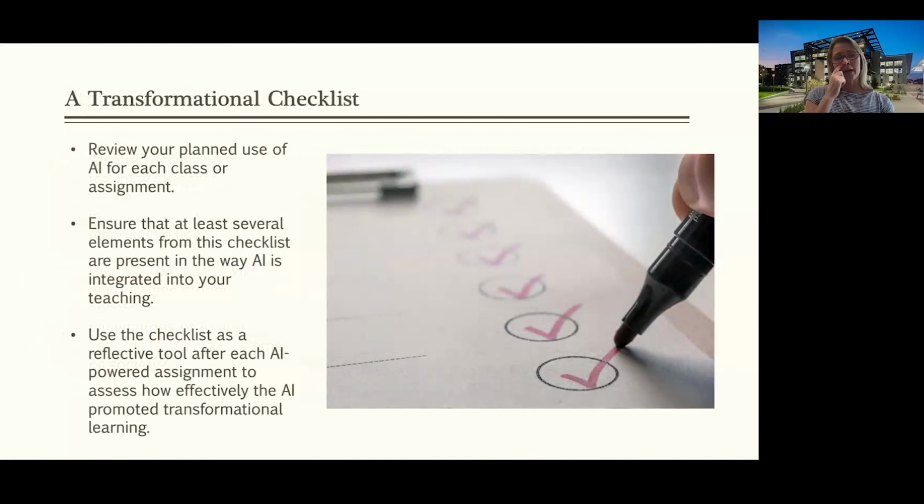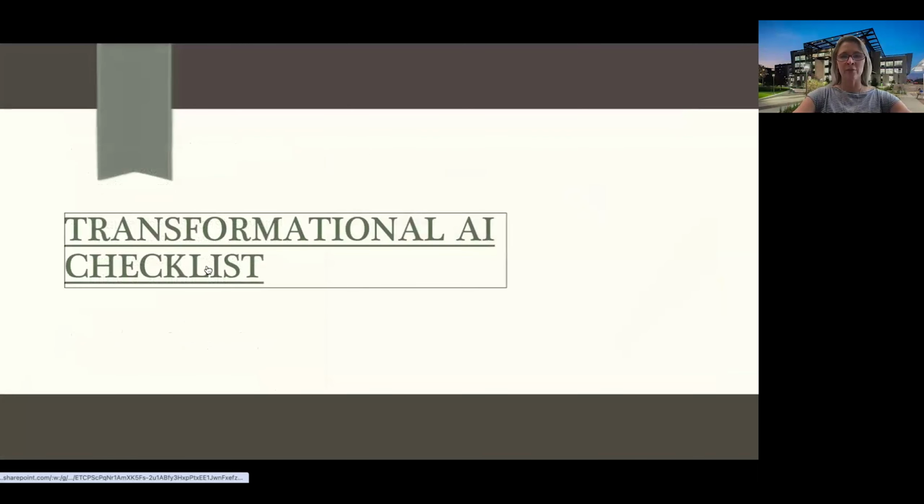Okay, so I created this checklist, and I'll make sure that you all have it. It's embedded in the presentation, which you all have the link for. When I first made it, I thought, this is probably too long and has too many pieces to it. But I also thought we're all using this in so many different ways, so perhaps you will be able to find the piece that fits best for you.